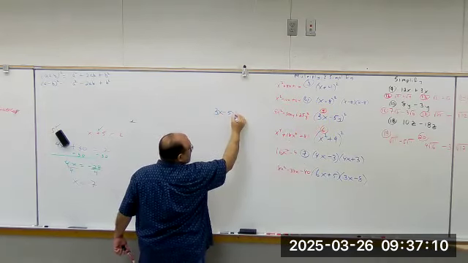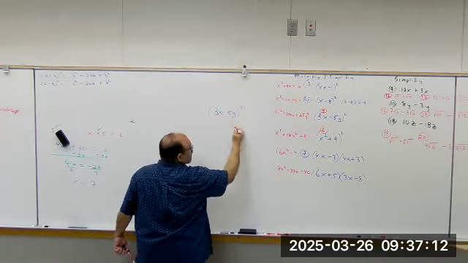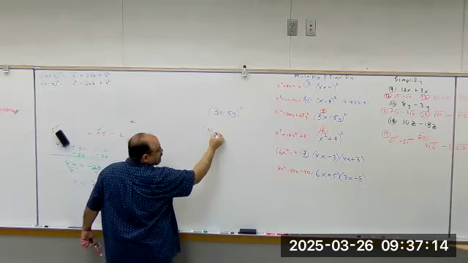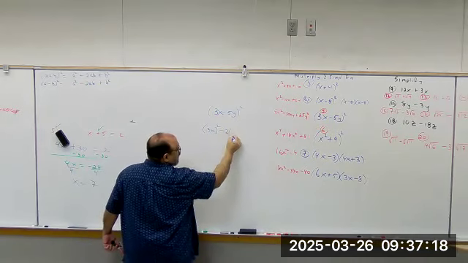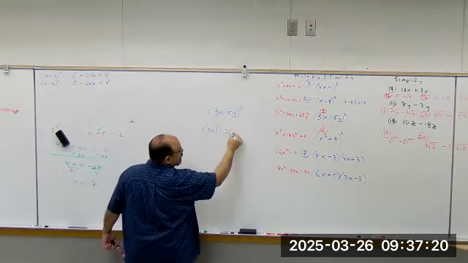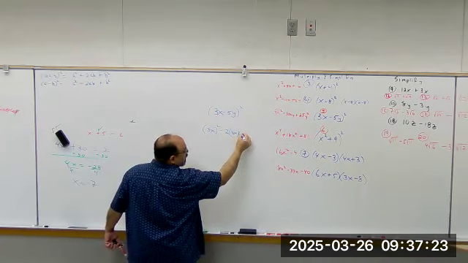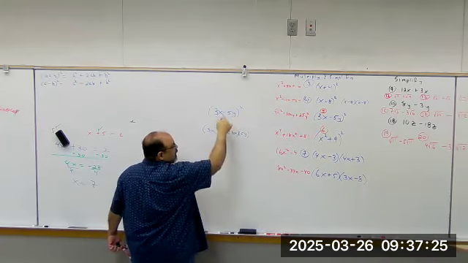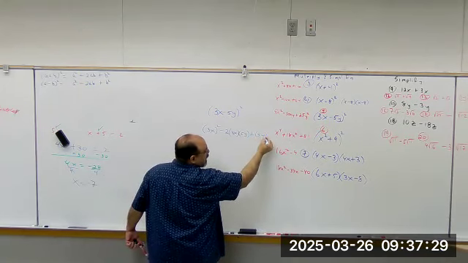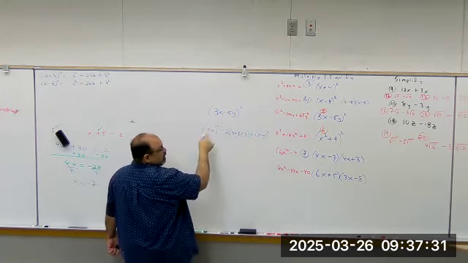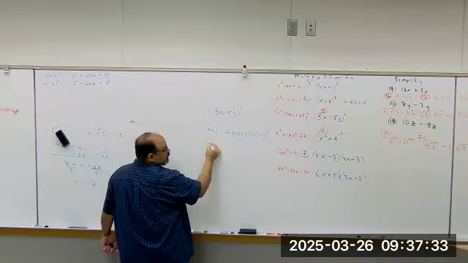3x minus 5y squared. I squared the first one, 3x, I got it squared. And then minus 2 times, I multiplied the 3x and the 5y. And then it's plus the 5y has to get squared. 3x squared is 9x squared.